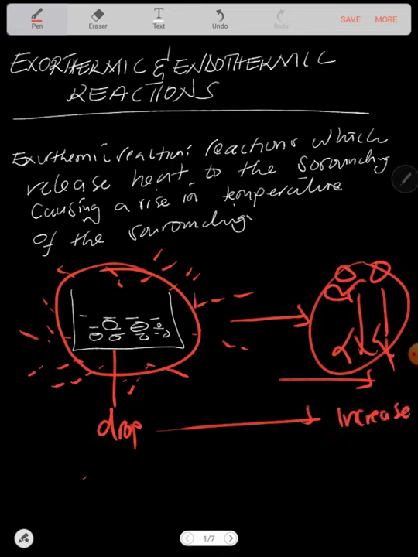And the type of reaction that does that is an exothermic reaction. Right? Anything that takes out heat is exothermic. For example, evaporation.